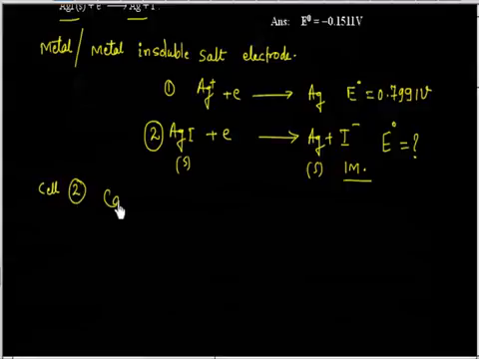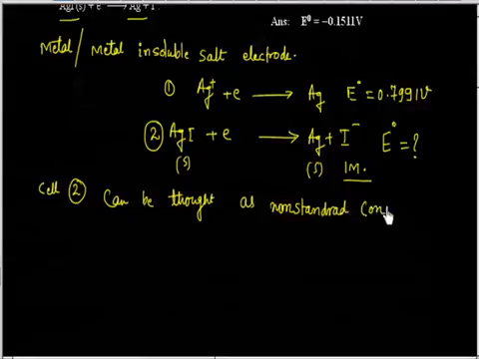So now I can write that cell 2 can be thought of as a non-standard condition of cell 1.